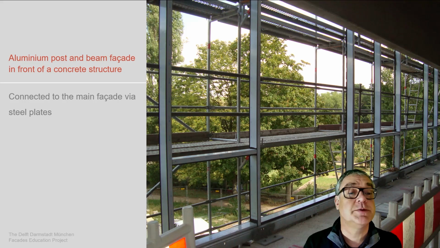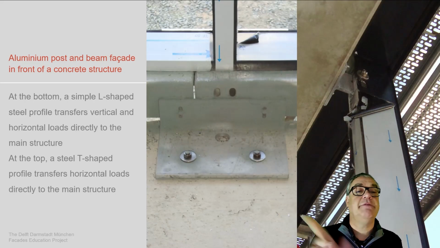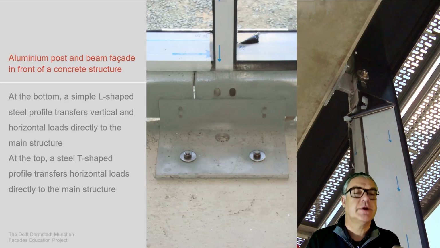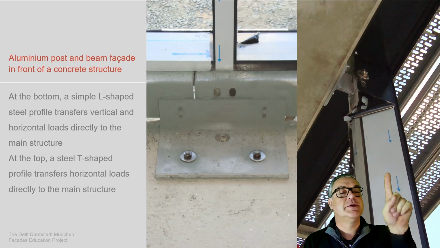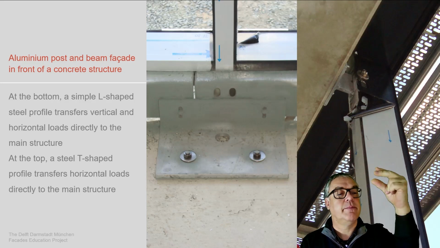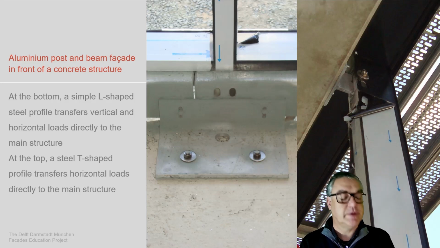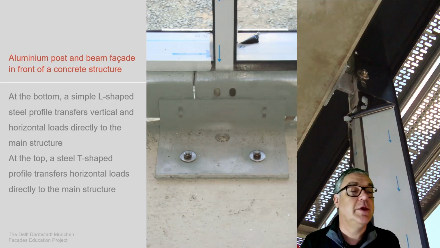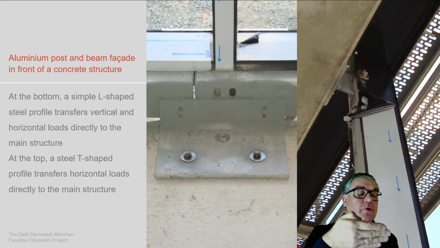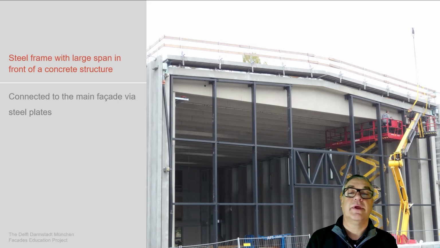So this is an aluminium system. We see the bottom part at the left, where the L-shaped main substructure of the facade system is connected to the main structure, and we see the top part where there's this bracket moved into the aluminium system to still allow some tolerances and movements, but also taking the horizontal forces as necessary.